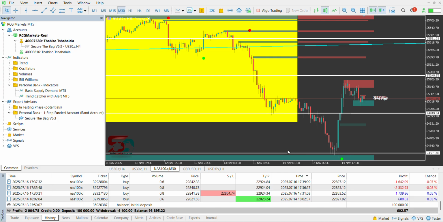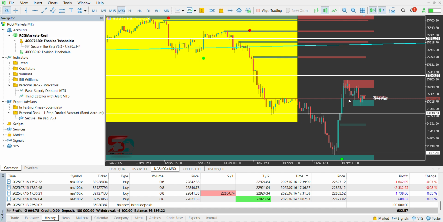Nasdaq, demand zone, buy signal, on a support, red candle, green candle, push up. We have a supply zone. We came down, rejected off that supply zone with the following confluence: green candle, red candle, push down, retest the supply zone with the form of green candle, red candle, push down.